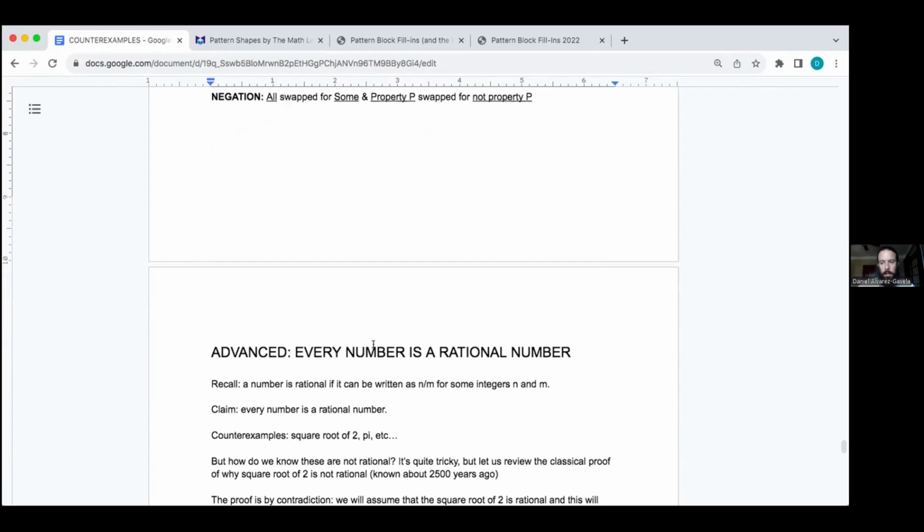And here I just include, for your amusement, an old argument, 2,500 years old at least, of why the square root of 2 is not rational, but any other square root will do, really. It's a very beautiful and subtle argument, but I won't go into it right now because it's kind of beside the point, and I just leave it there for your enjoyment.